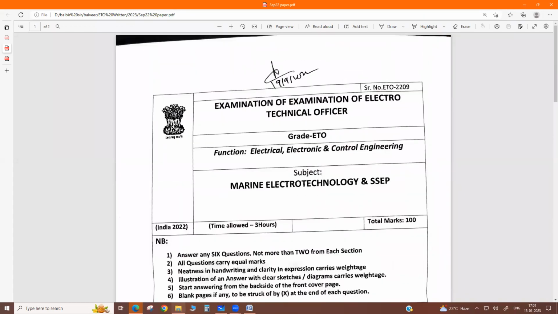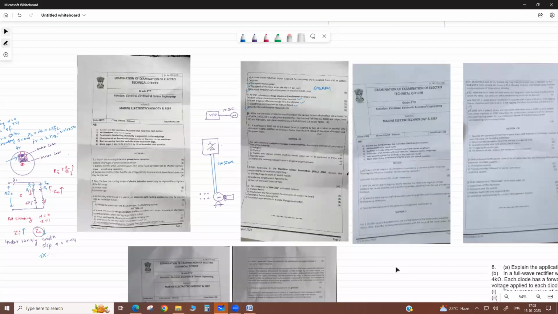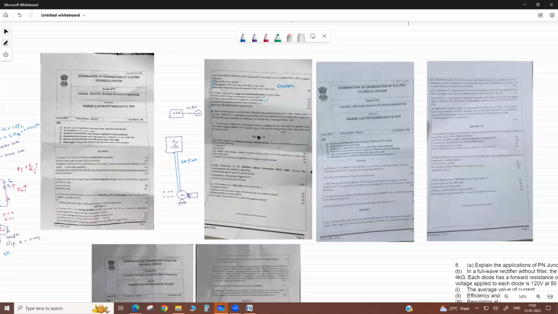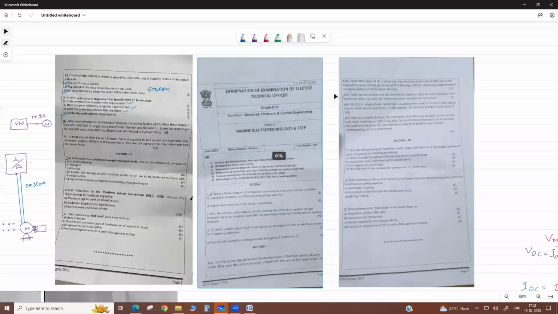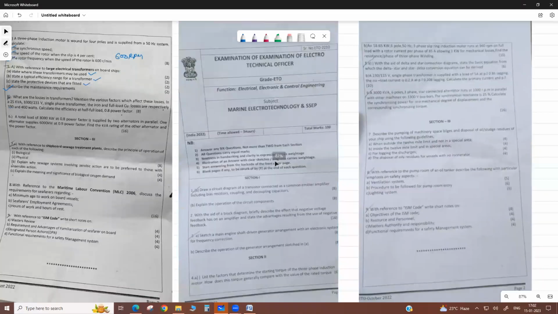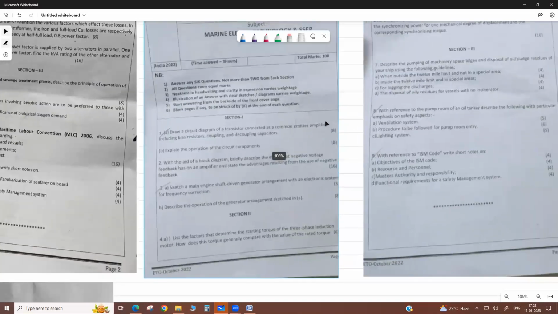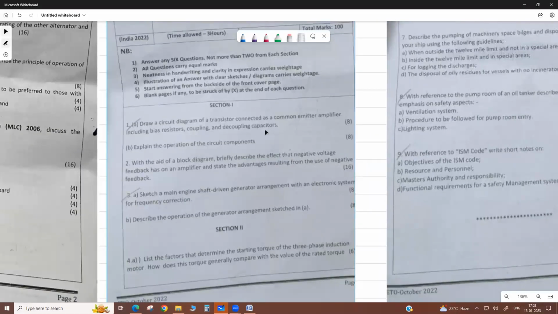So next, come to this October month, September and October. So here you have a transistor connected as common emitter. The same circuit with resistor, coupling and bypass capacitor.